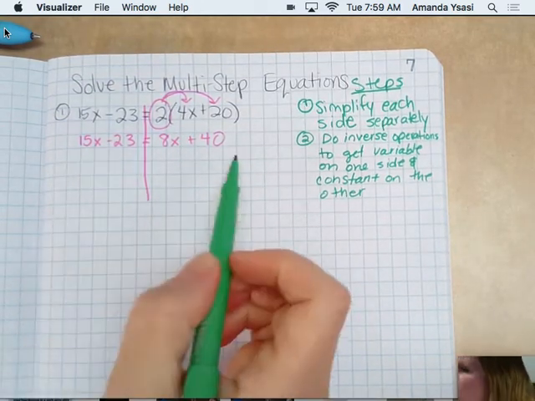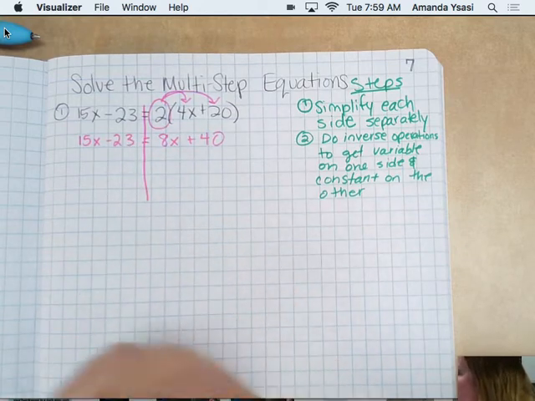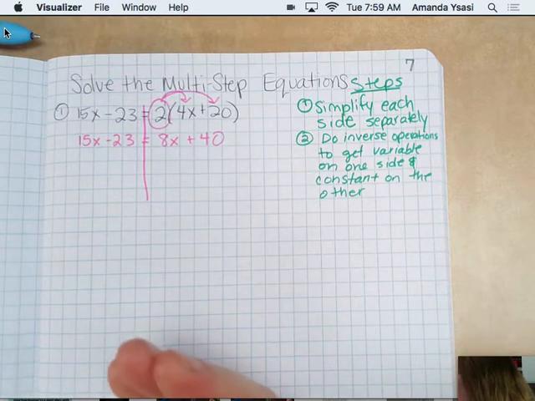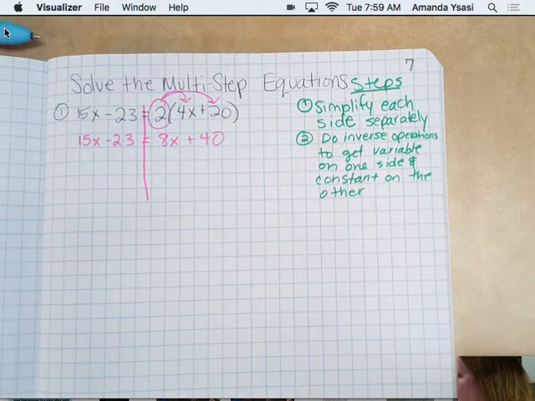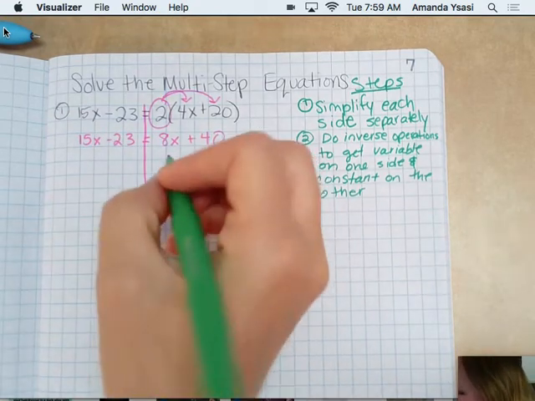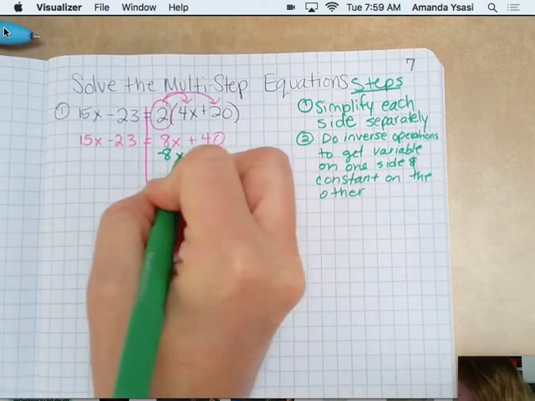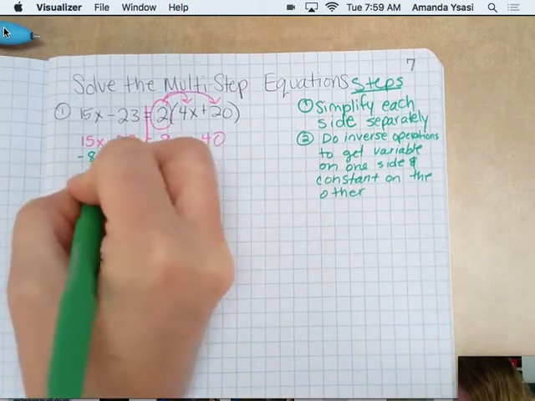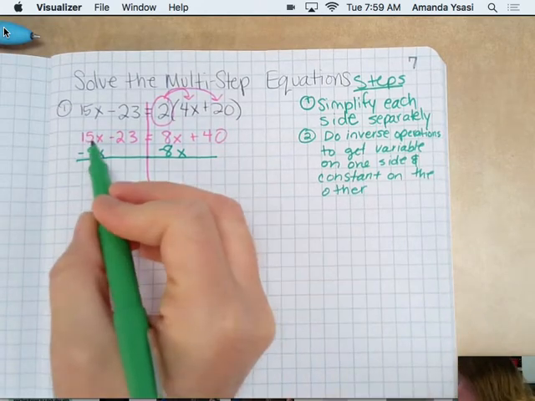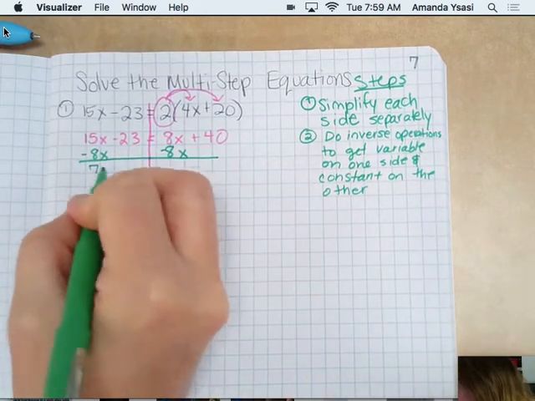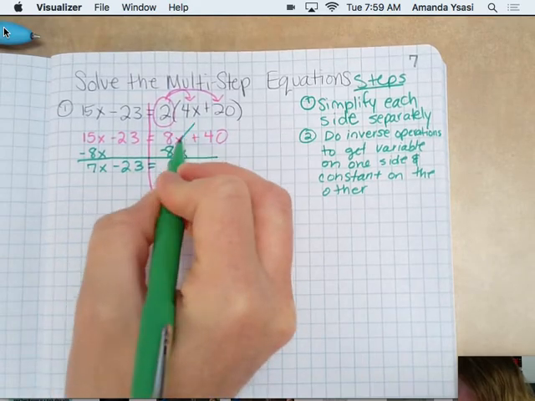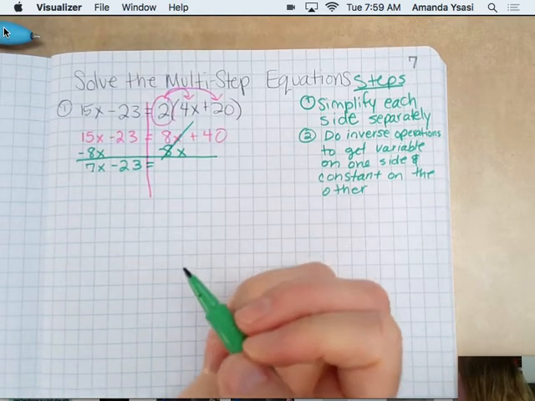Whenever we move things around, it doesn't matter which x you move, but I suggest moving the smaller one to the other side. That's just what I normally do because I want my x to be positive. So I would subtract 8x from both sides. And so we have 15 minus 8, 7x minus 23 equals 8 minus 8, 0.